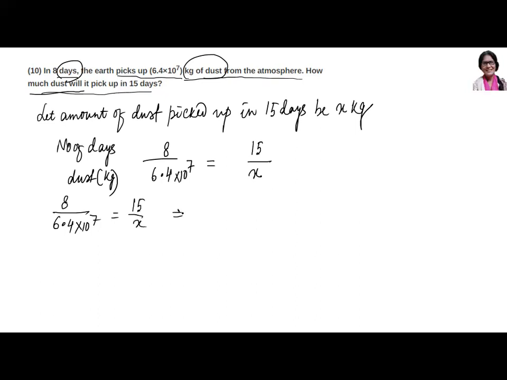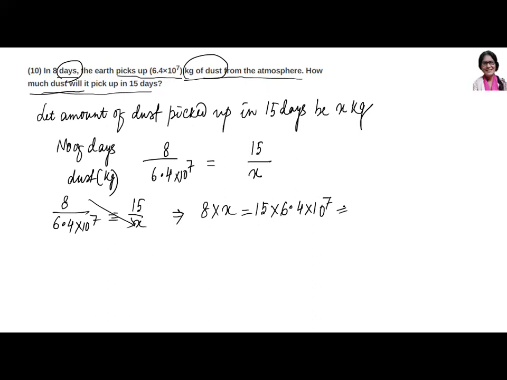Now I'll cross multiply. 8 will be multiplied with the x. 15 will be multiplied with the number. Don't multiply, keep it as it is because we'll simplify. So no need of wasting time. 10 to the power 7.